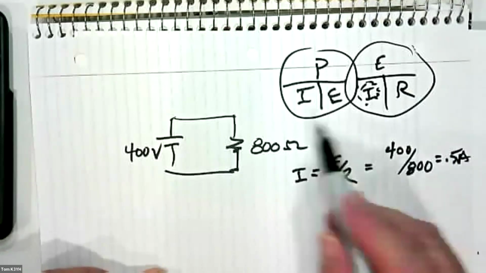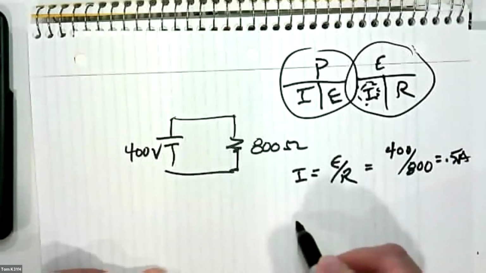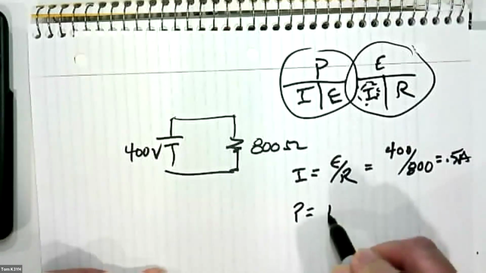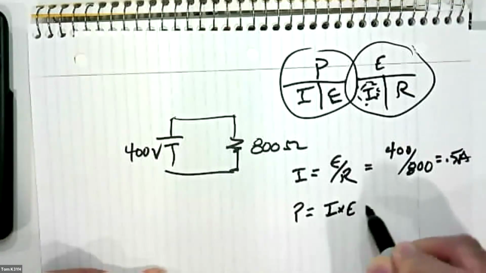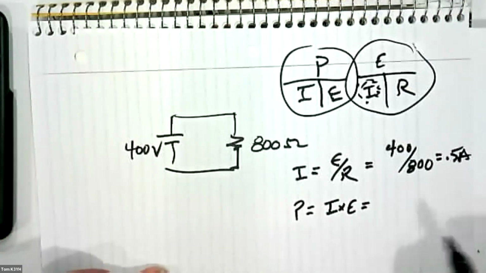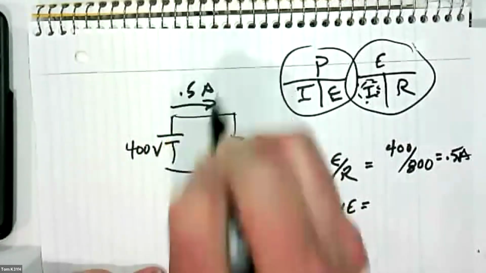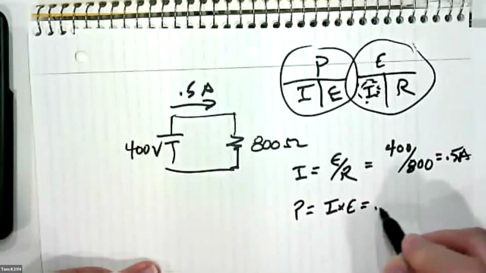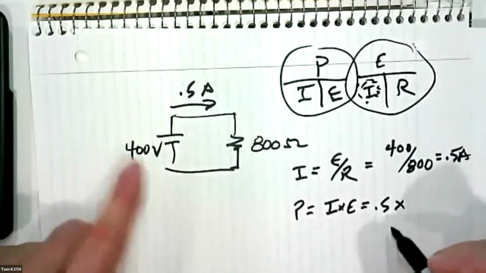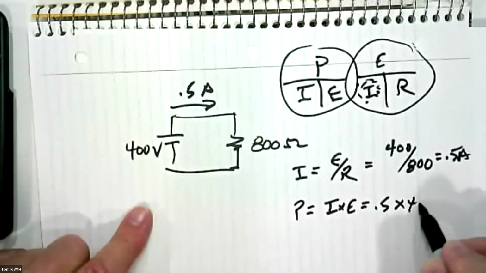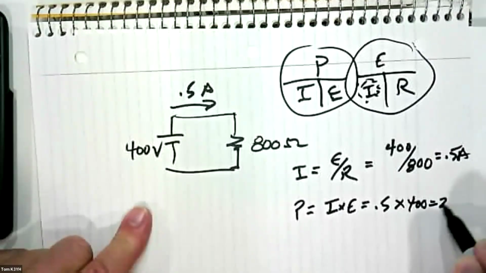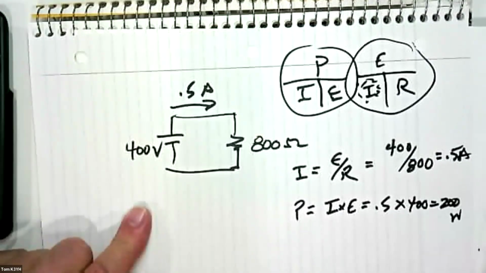Now I've got I times E to give me power. So power equals I times E. I is now 0.5 amps. This is easy again. 0.5 times 400 equals 200 watts.